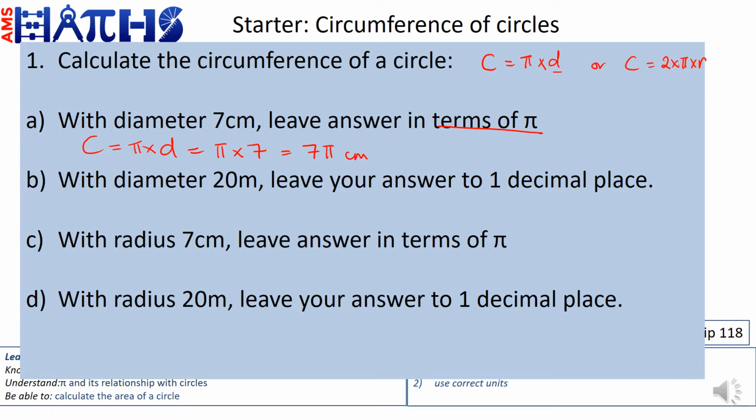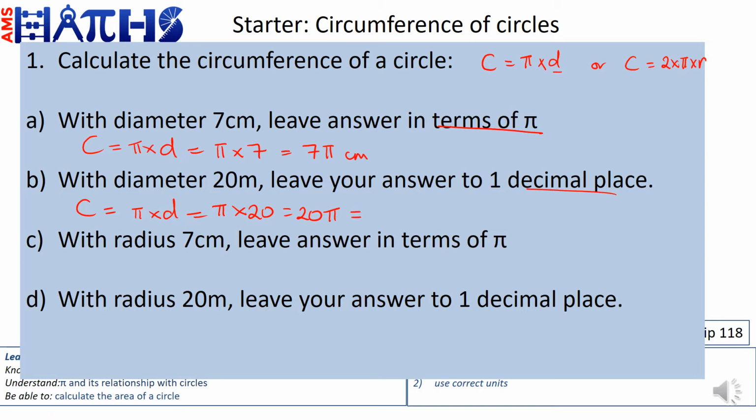Okay, the next question says we need to calculate the circumference of a circle. This time it has a diameter of 20 meters, and we should leave our answer to one decimal place. So we'll have to use a diameter formula. C is equal to pi times diameter, which is pi times 20, and that's 20 pi, but we need to give our answer in decimal, and that's one decimal place.